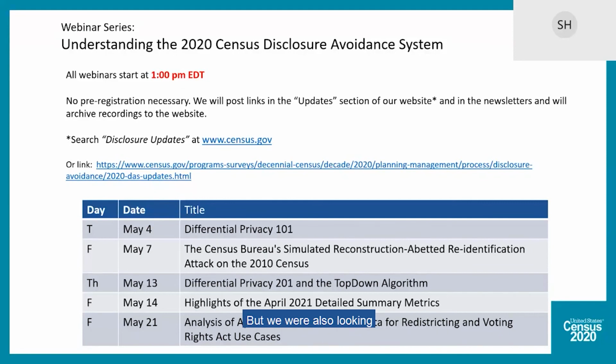But we were also looking at an assortment of racial statistics, Hispanicity statistics, looking at population counts at various levels of geography, all with an eye towards, are we getting sufficient accuracy for that level of privacy protection?